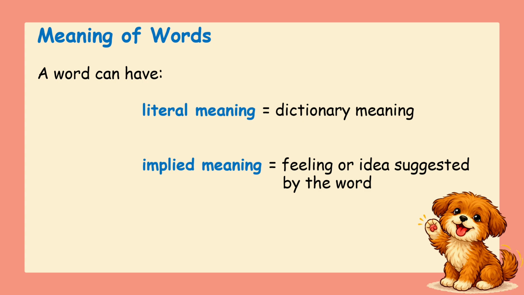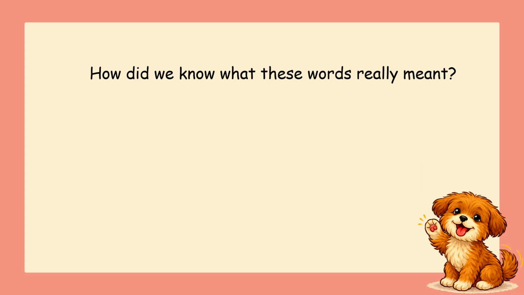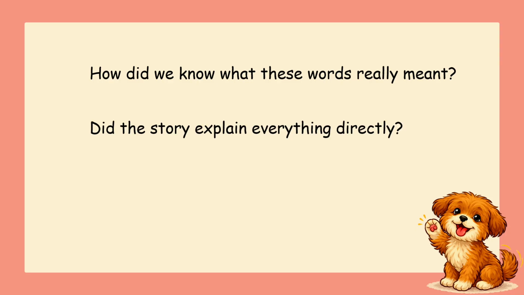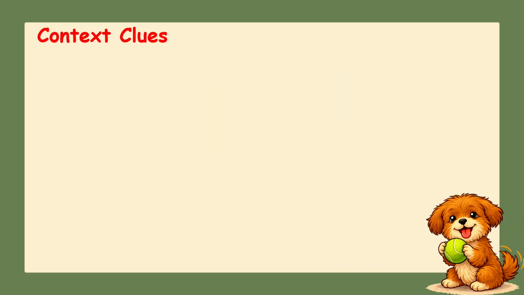Now, here's an important question. How did we know what these words really meant? Did the story explain everything directly? No. We understood the meanings because the story gave us clues. These words are called context clues.